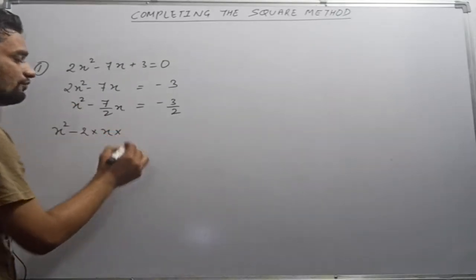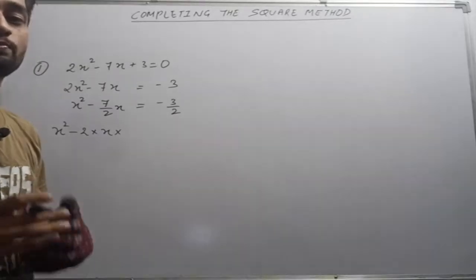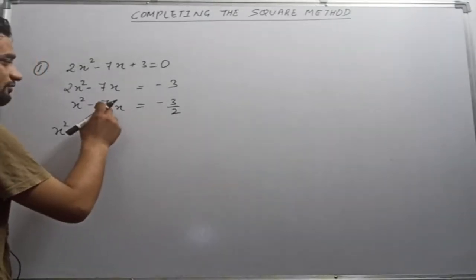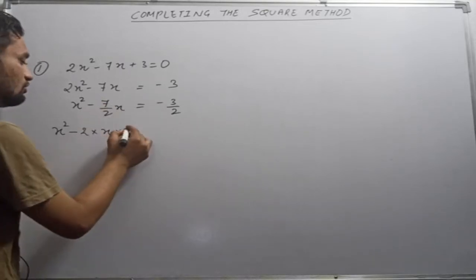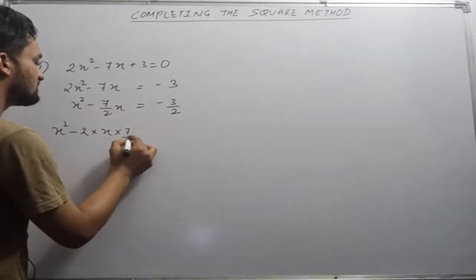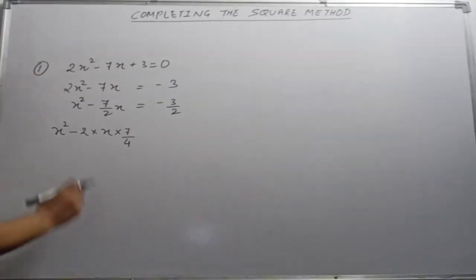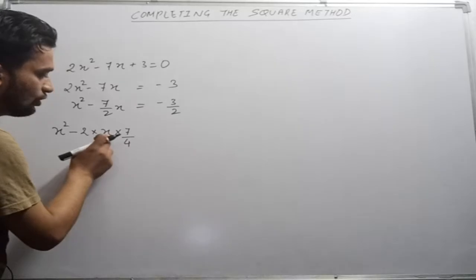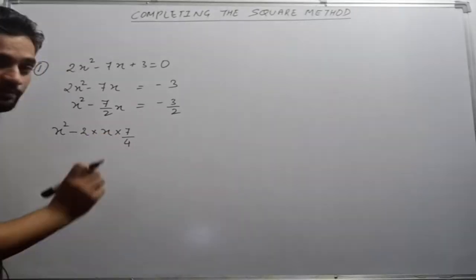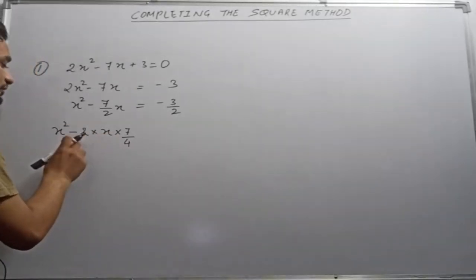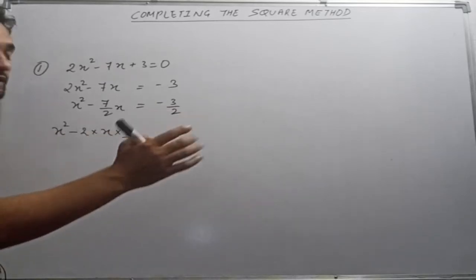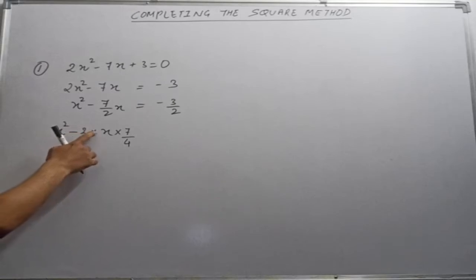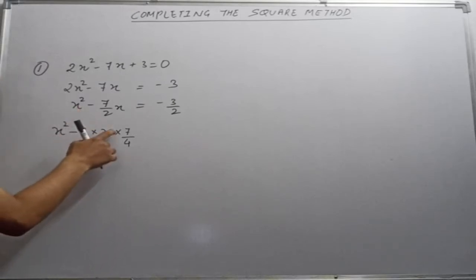But we don't know what b should be. Here you see 2 into x, 2x, but we need 7 by 2 x, so we can multiply by 7 by 4. Make sure you are not confused, we are making 2ab, a square minus 2 into a, that is x, into b.